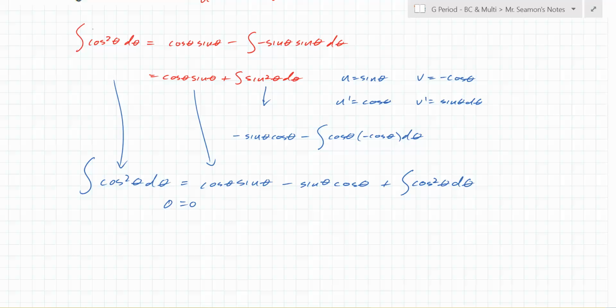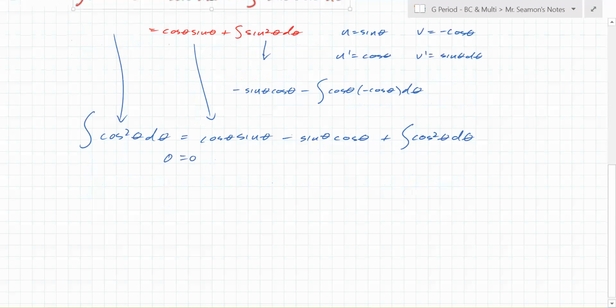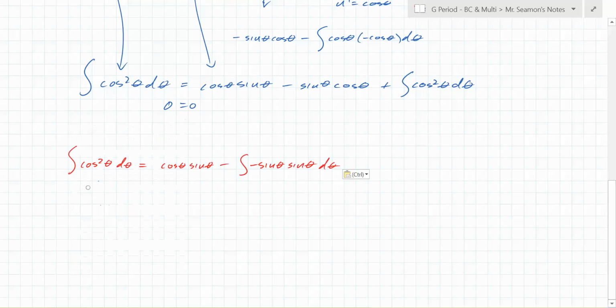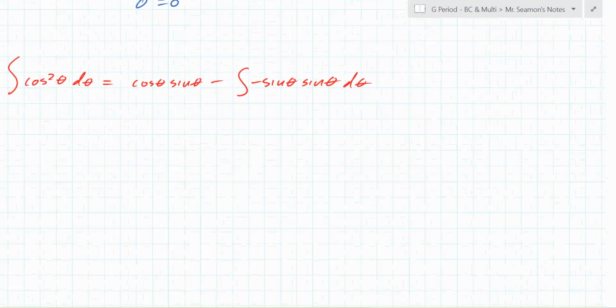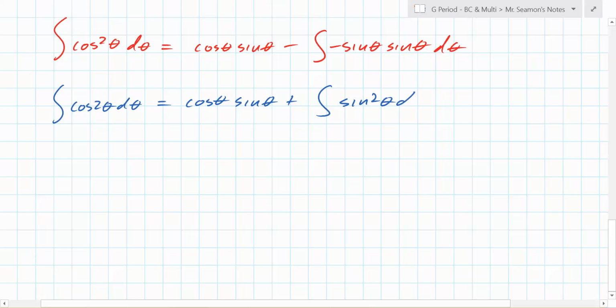So we got to here, and we're like, okay, that's kind of cool. We cleaned this up a little bit. We made it the integral of cosine squared theta d theta equals cosine theta sine theta plus this, correct? Question for you. You remember doing all that trig and pre-calculus? What is sine squared?